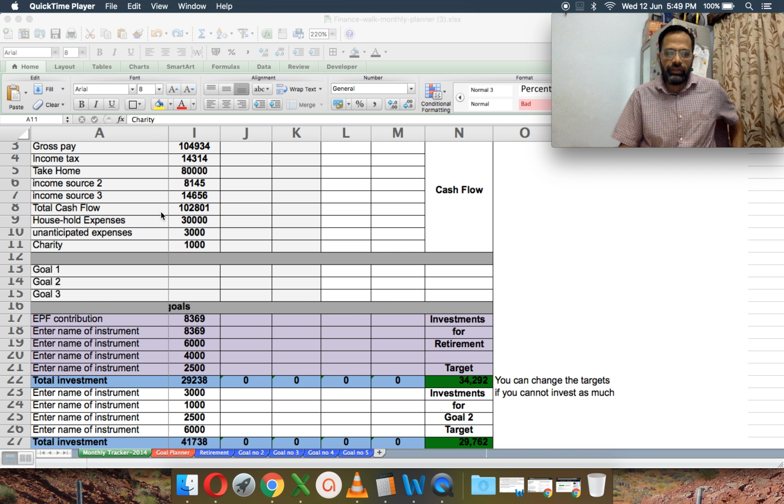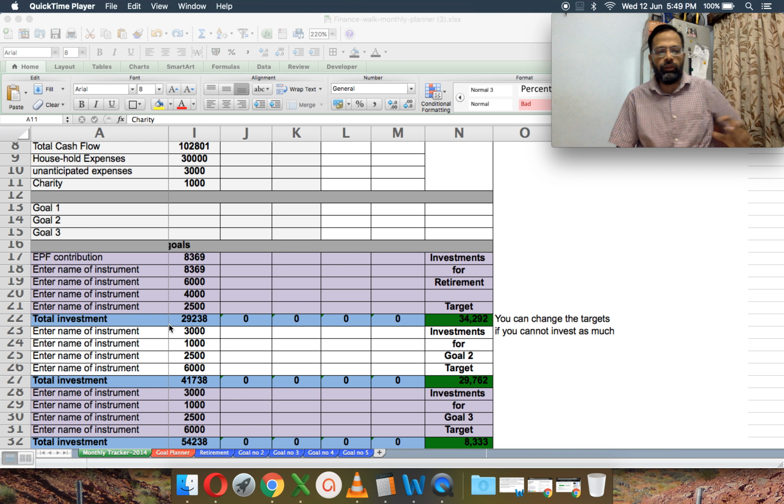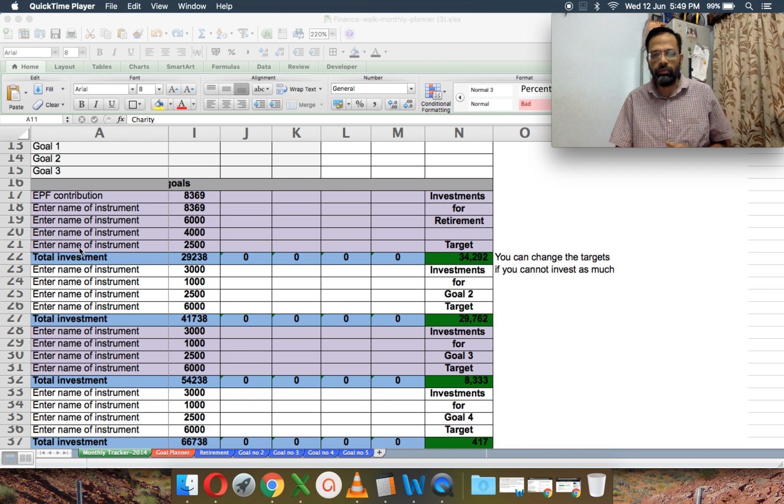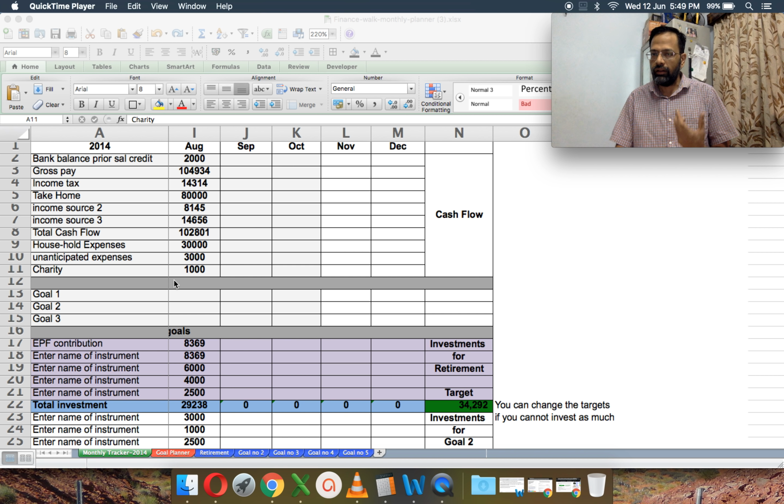How much goes to the emergency fund, and then for a particular goal like retirement, how much I will invest, from where, and the name of the instrument. For example, I'm investing in X mutual fund, PPFAS, HDFC Balanced, etc. I enter all those instrument names and write down the amounts that I'm investing every month.